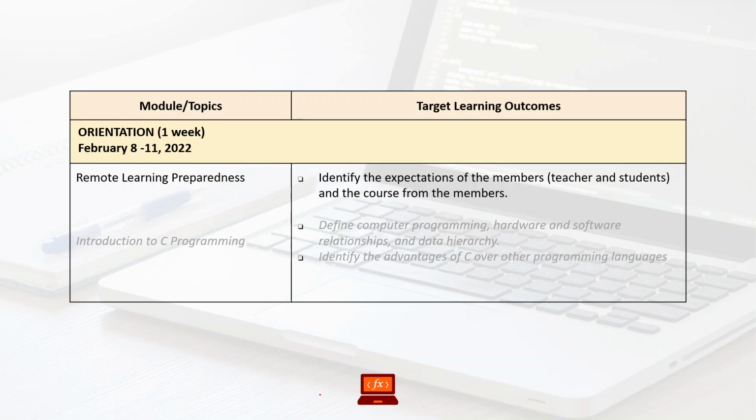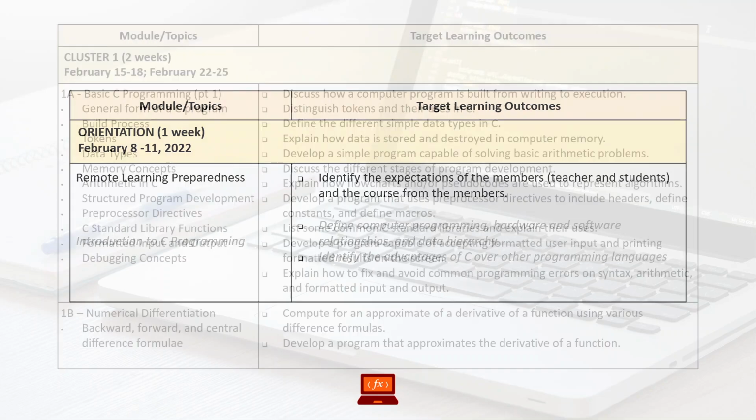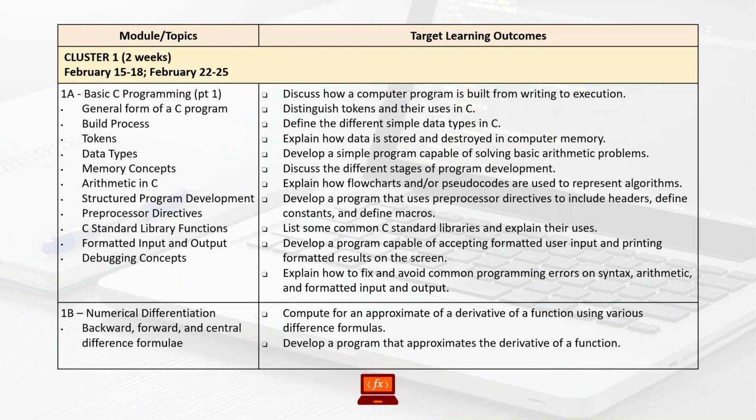Second week is more on the cluster 1 na. Okay. So for the cluster 1, you're allotted 2 weeks to finish this. Okay? Actually, recommended timeline. So you should allot 2 weeks for cluster 1. So dito na papasok yung basic C programming kanina dun sa list.